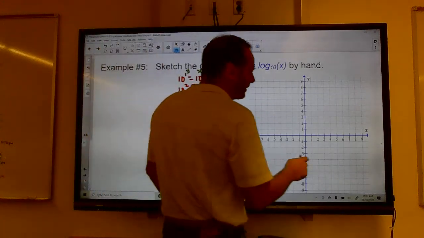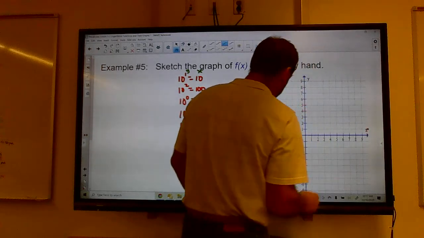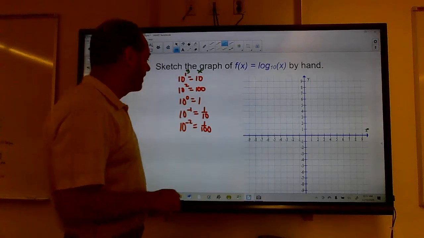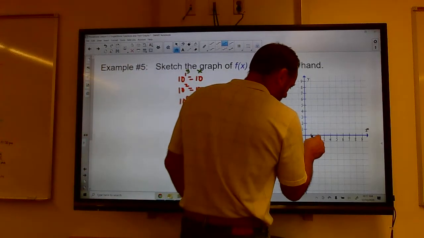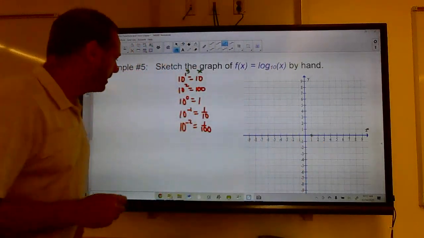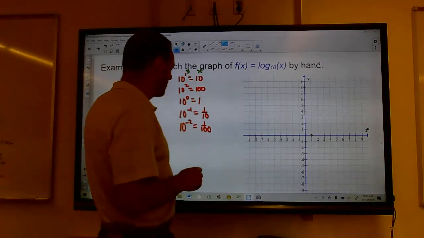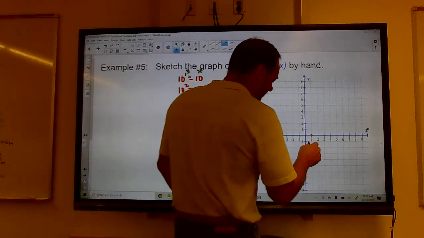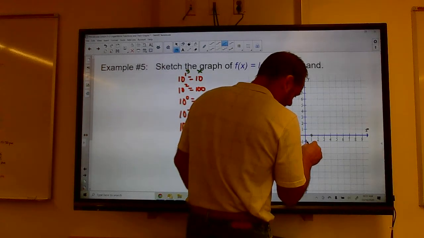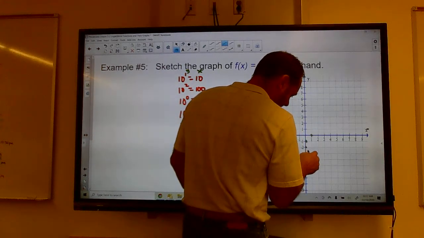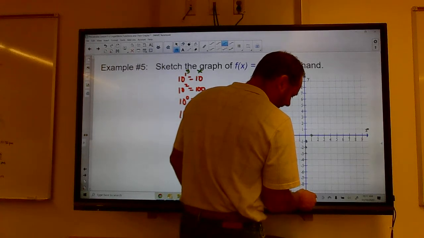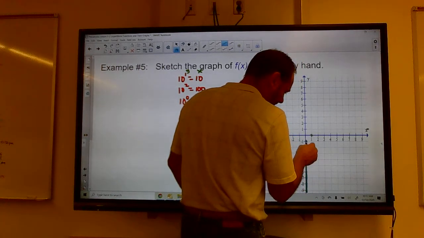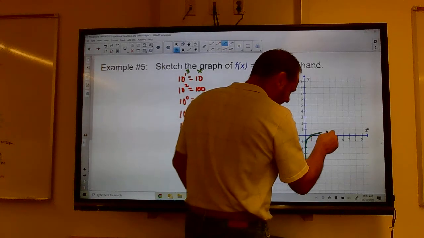So 10, 1 is going to be right here. 100, 2, that's off my graph. 10 is going to be right here. One-tenth, negative 1 is going to be like right there. This is always going to have a vertical asymptote right here on the y-axis. It's always going to go through the point 1, 0.